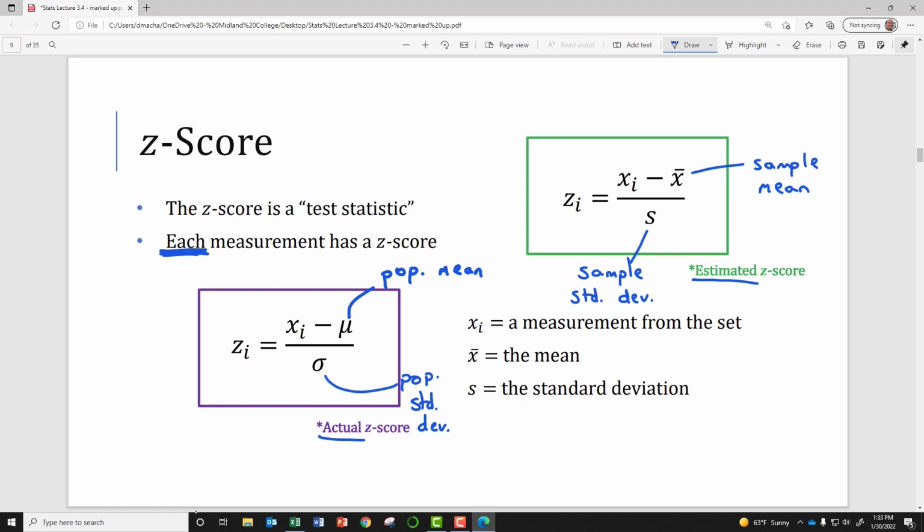So it's much more likely that you're going to be using an estimated z-score in a lot of situations. But as long as we're talking theory, each measurement does have an actual z-score. It would just be impossible to calculate in most situations.